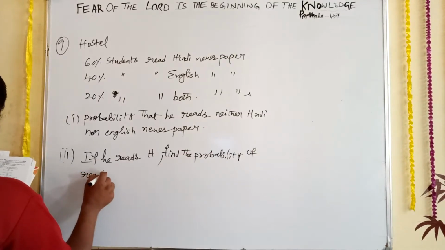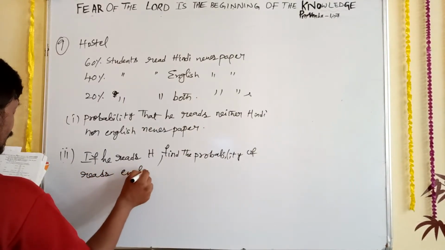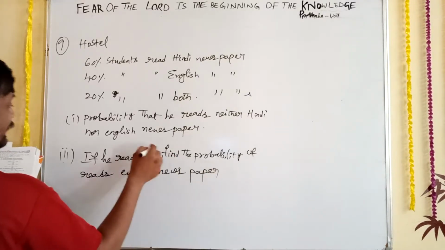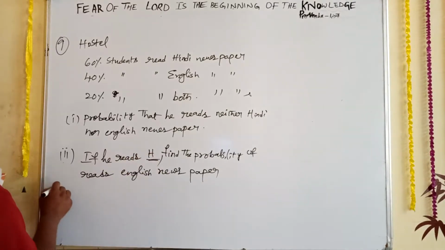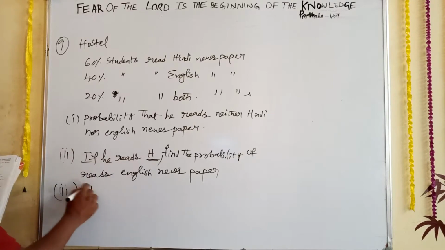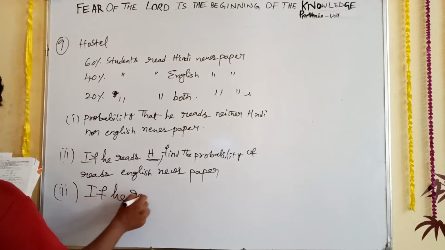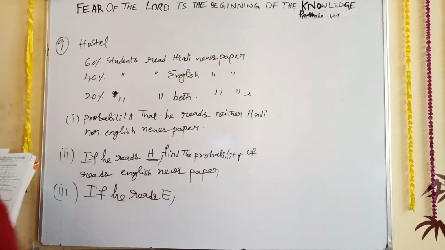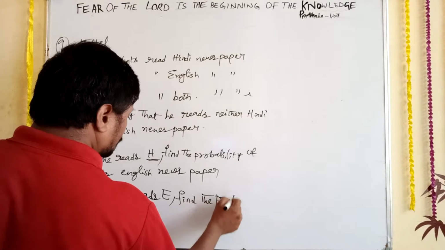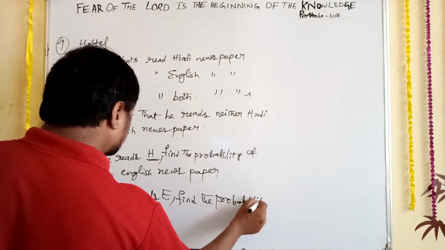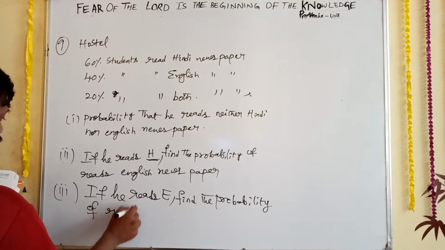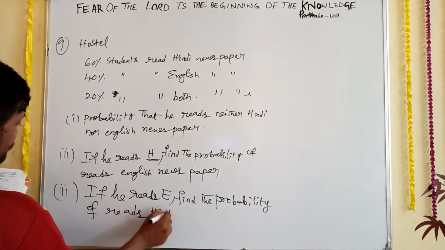Here H means Hindi newspaper. And third one is the reverse of this. If he reads English newspaper, find the probability that he reads Hindi newspaper.